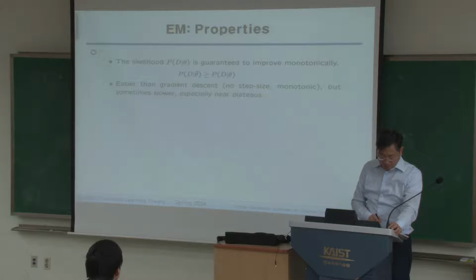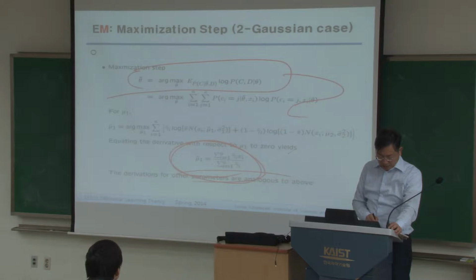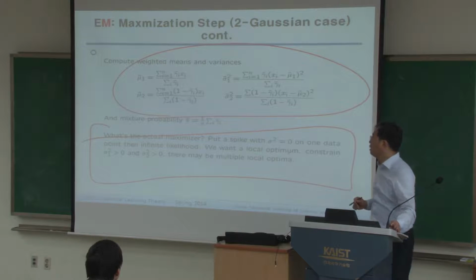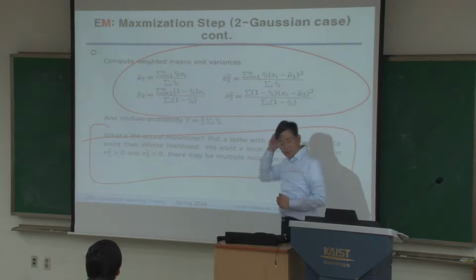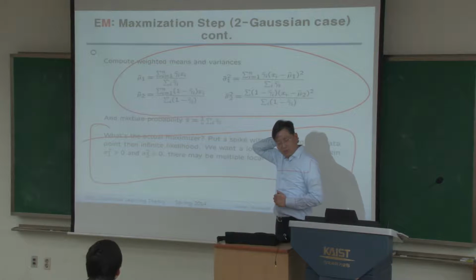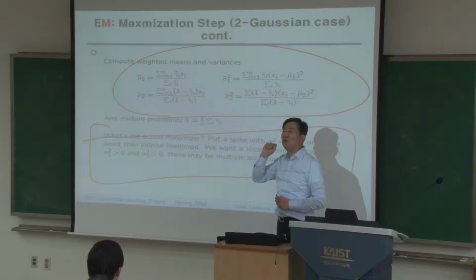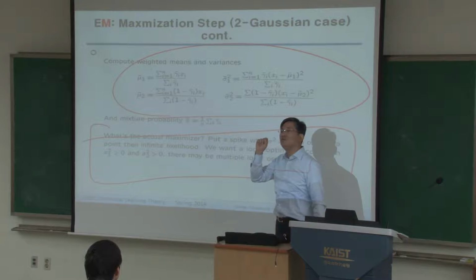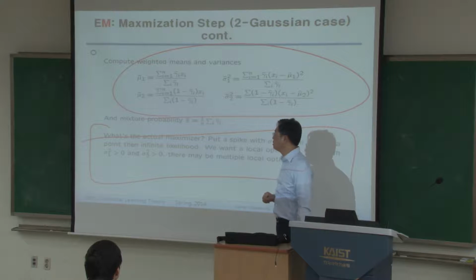First of all, it starts with an initial guess, and then you iterate to find the solution. That solution is actually not the maximum likelihood estimate. If it's a unique solution, then it's a maximum likelihood estimation.